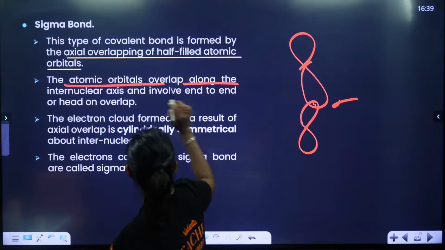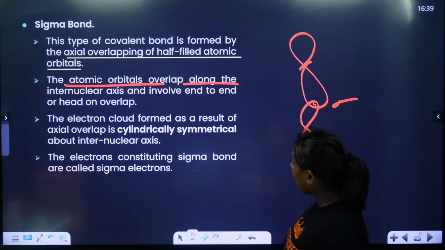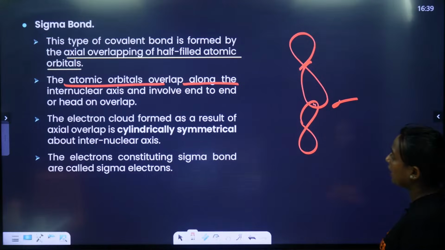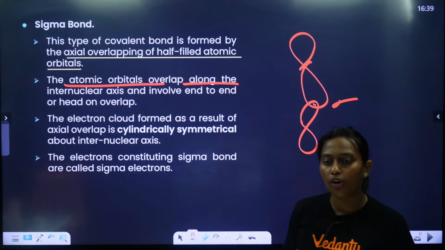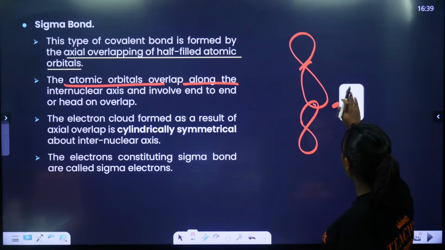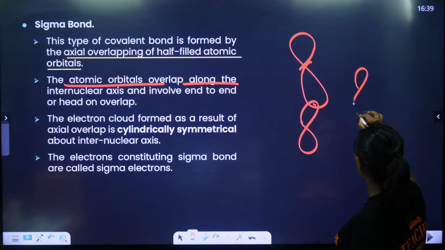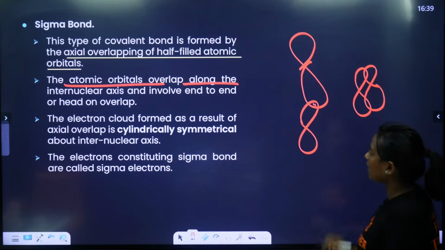The atomic orbitals overlap along the internuclear axis and involve end-on-end or head-on overlap. There is one more overlap, sidewise overlap.